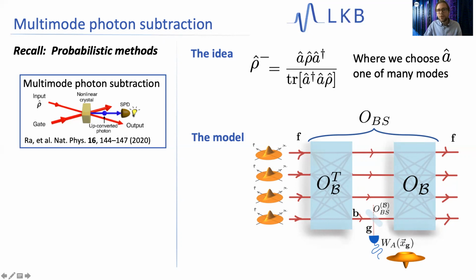To then do the photon subtraction, I'm just going to assume that I have a beam splitter here. So I'm going to add an auxiliary mode, which initially is in vacuum, and couple it to this mode B and take out a little bit of light, and then mount the photon detector to do the photon subtraction. This auxiliary output mode I will call G. And I will assume that this little beam splitter is very, very weak.